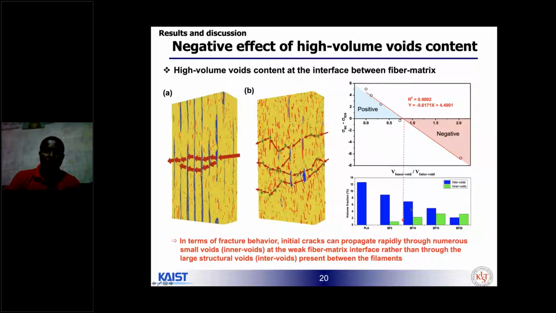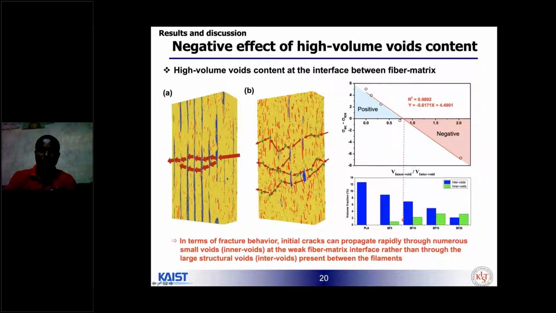This graph shows that according to the budget fiber, blue color inner void tends to gradually decrease, but green color inner void tends to get severe. In terms of fracture behavior, initial cracks can easily propagate through these numerous small inner voids at the weak fiber matrix interface, rather than through the largest structural inner void present between filaments.